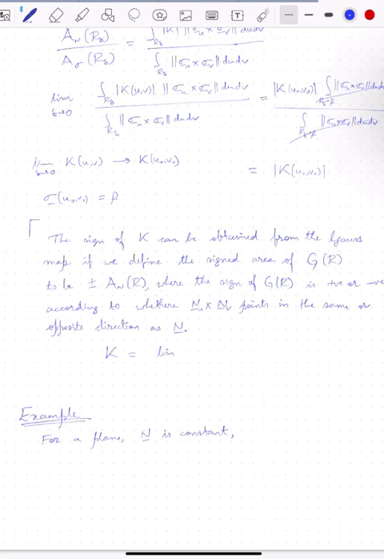Limit of, say, the region R tending to point P vector, of the signed area of the region of the Gauss map divided by the area of R. Right?